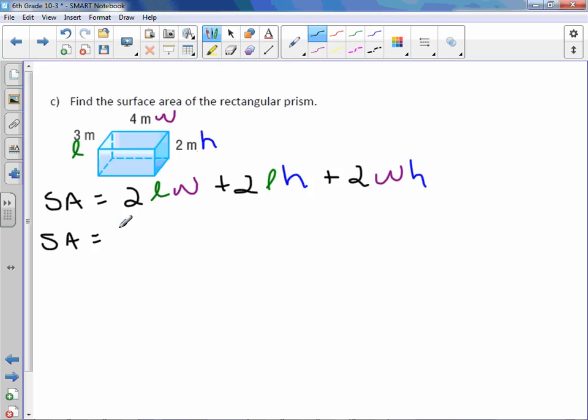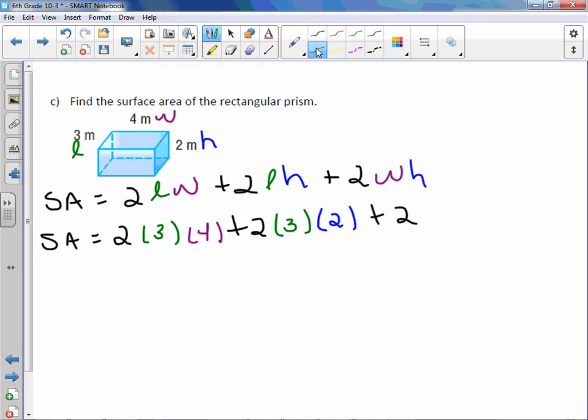Surface area equals, plug in your values, 2 times 3 times 4 plus 2 times 3 times 2 plus 2 times 4 times 2.